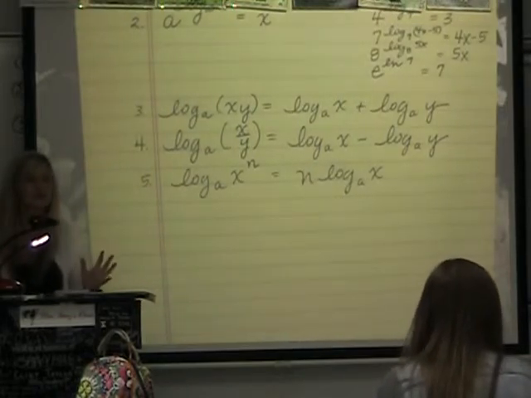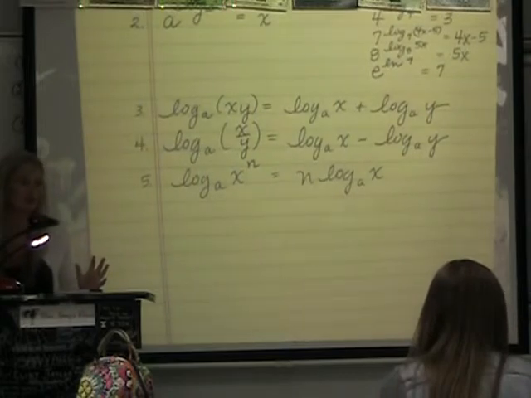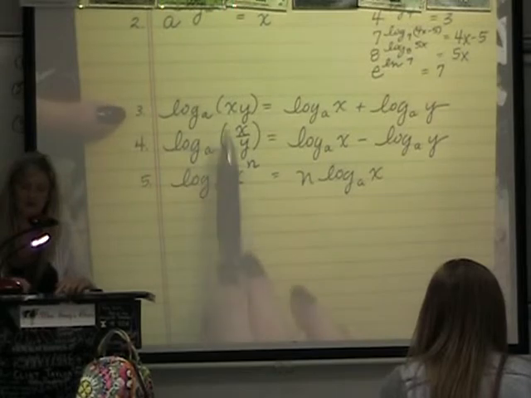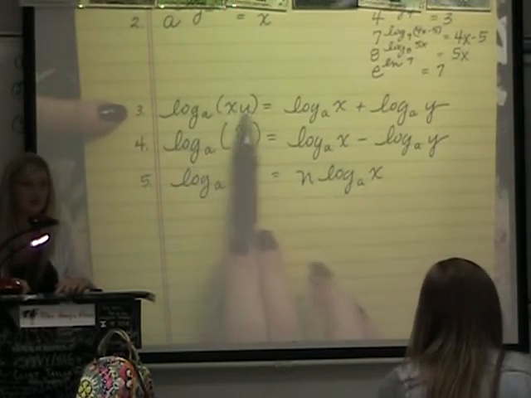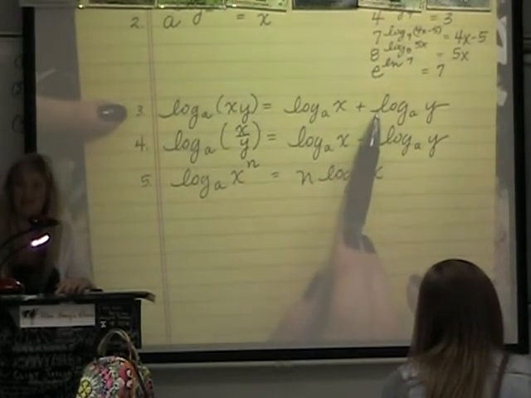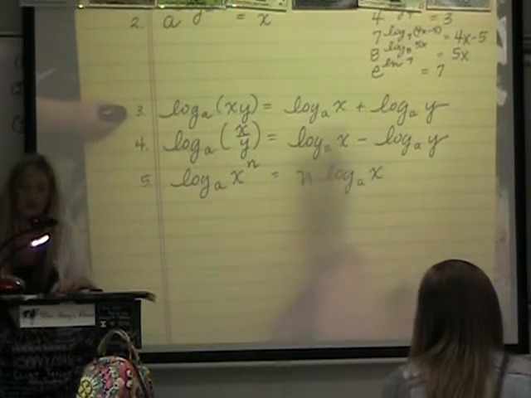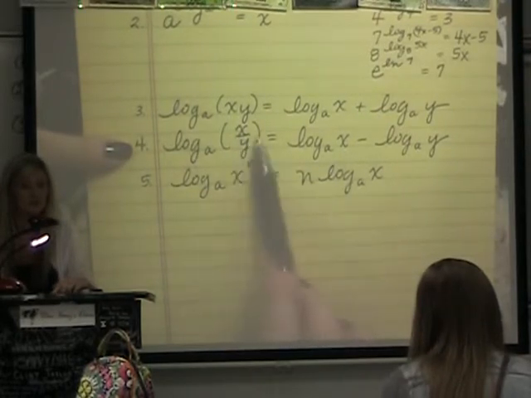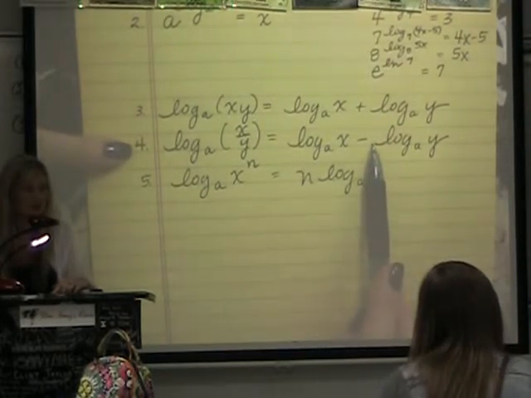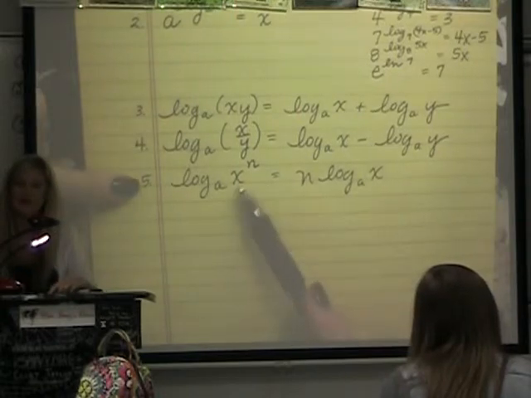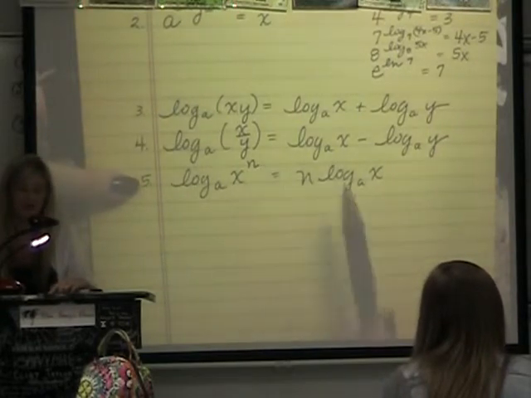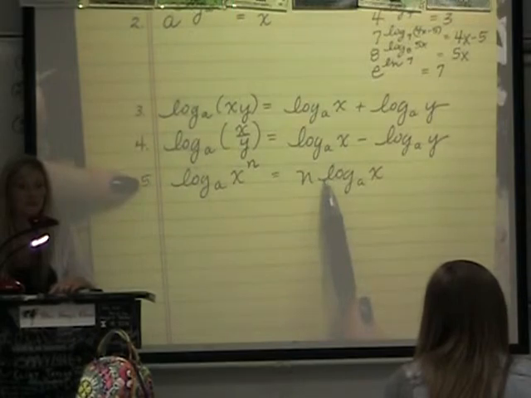Now, let's think about this for a second before we do some examples. So what I'm saying to you right now is that with logarithms, multiplication implies addition, division implies subtraction, and raising to a power implies multiplication.